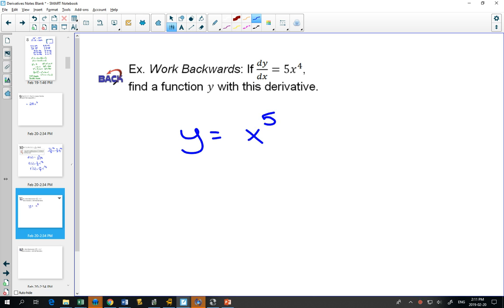Working backwards, if we subtracted 1 from the exponent, working backwards, we'd have to add 1 to the exponent. And if there was a 5 out in front, can you see that that 5 would have moved back into the exponent? Now, this working backwards one was fairly straightforward.